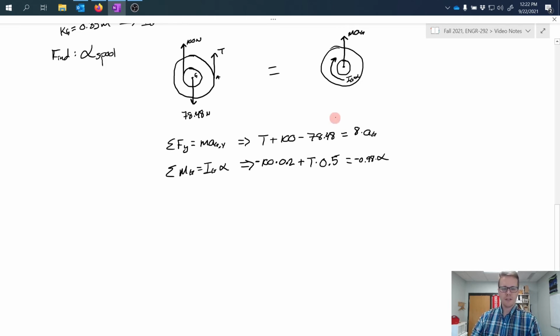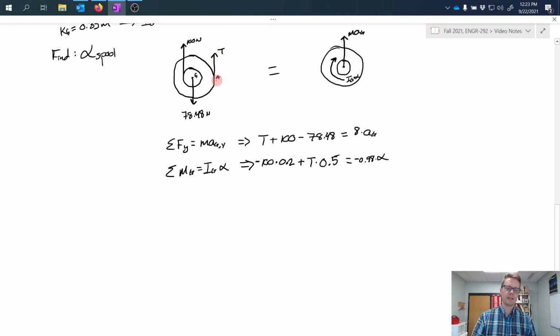All right, so looking at this, so far I have the linear acceleration of G, the angular acceleration, and the tension T. So I have 3 unknowns and only 2 equations. So that's potentially problematic, right? However, we do know that there is a relationship between these 2 accelerations because the acceleration of G, which is here, is related to alpha because my whole rigid body is rotating basically about point A at this instant that this motion is occurring.